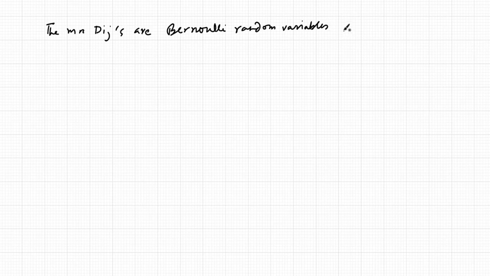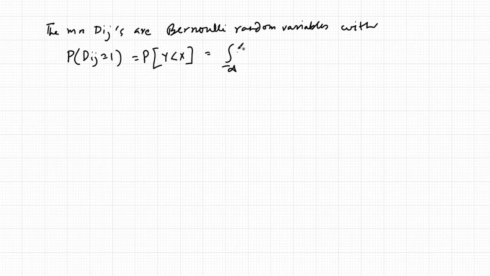The Dij's are Bernoulli random variables with probability Dij equal to 1, that means probability Y less than X. So this is nothing but the integral from minus infinity to plus infinity of F_Y(x) dF_X(x), let it be pi, say.